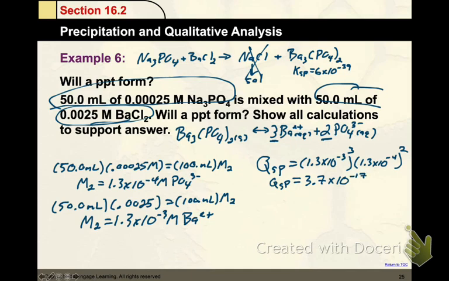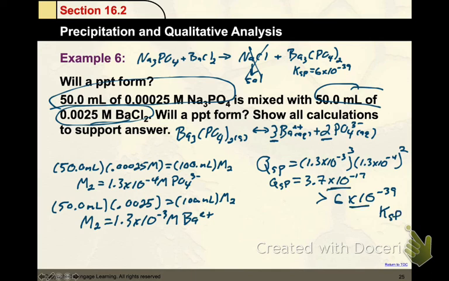How does that compare to the KSP? That's actually much greater than 6 times 10 to the minus 39 of our KSP.